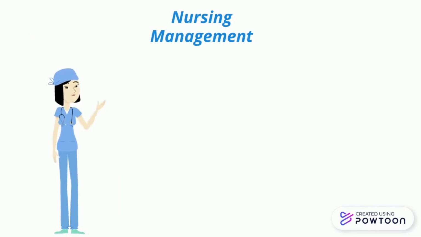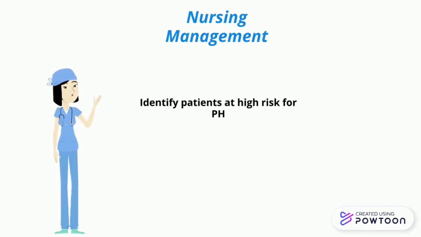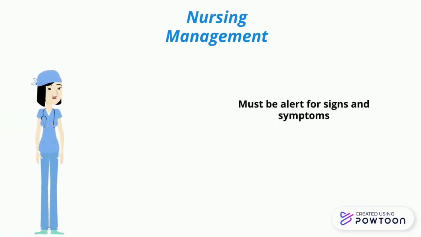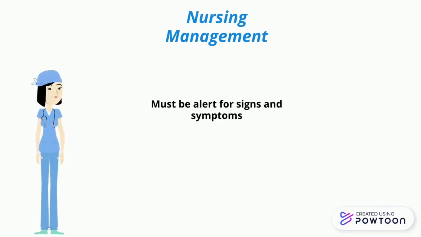The major nursing goal is to identify patients at high risk for pulmonary hypertension, such as those with chronic obstructive pulmonary disease, congenital heart disease, and mitral valve disease, so that early treatment can commence. The nurse must be alert for signs and symptoms. Administer oxygen therapy appropriately.